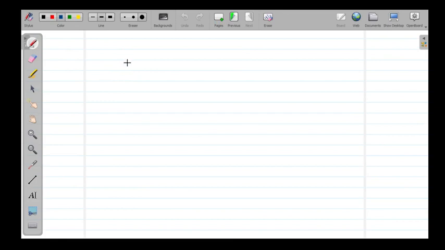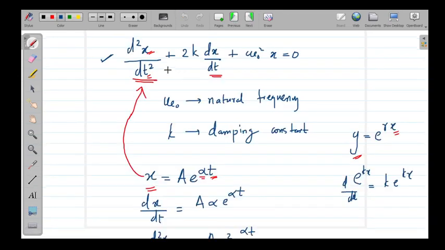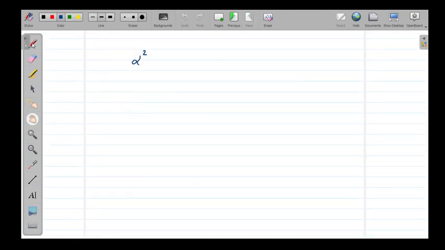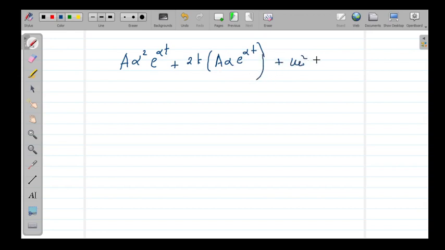So we have α² a e^(αt), which is d²x/dt², plus 2k times dx/dt, which is a α e^(αt), plus ω₀² times x, which is simply a e^(αt).